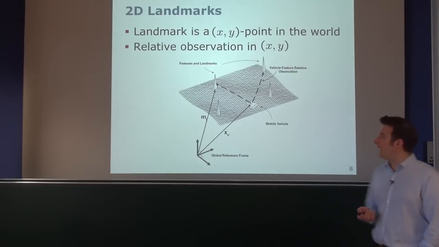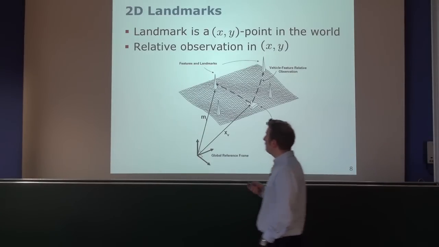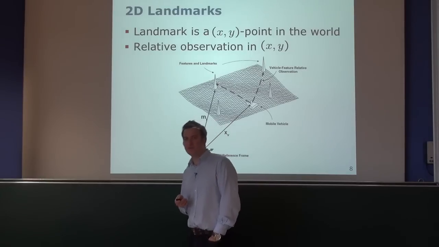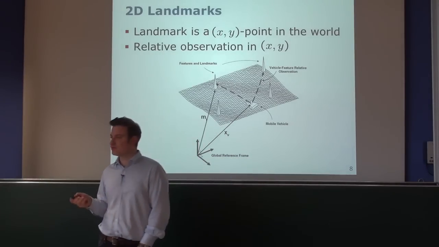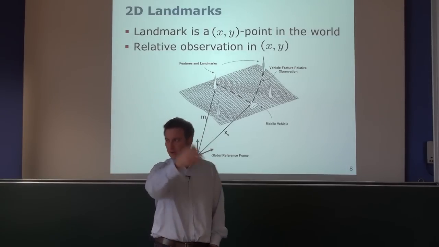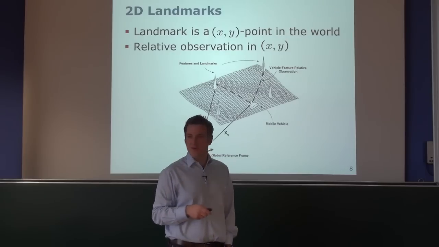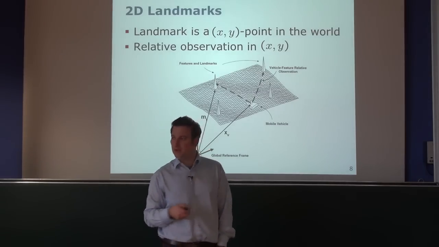Okay, let's start with an easier example. We have a landmark sensor which tells us the relative XY location of a landmark. So if I'm looking somewhere and I can see this feature, I say, okay, this is delta X, say, 3 meters, delta Y, 1 meter.